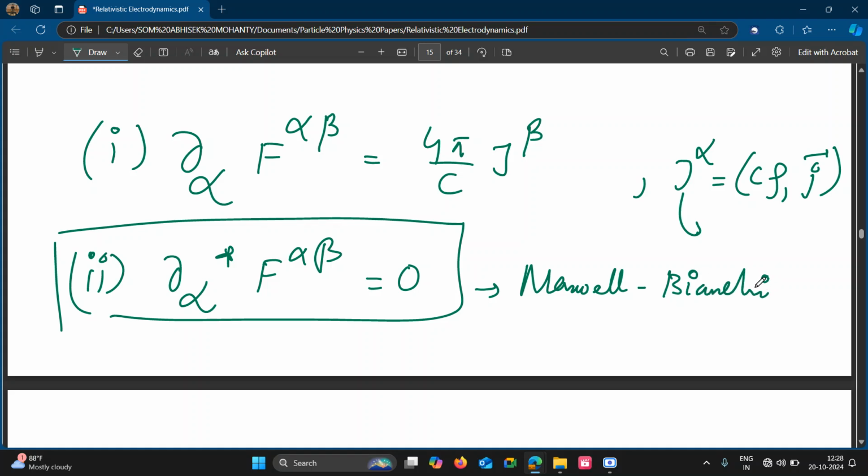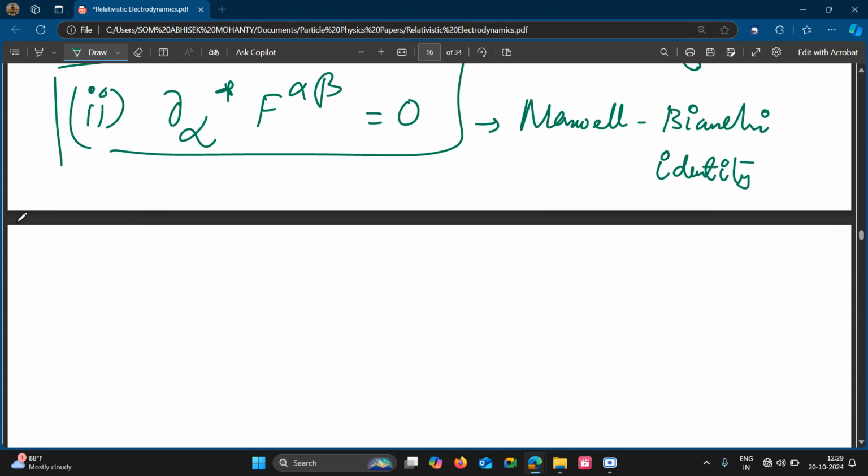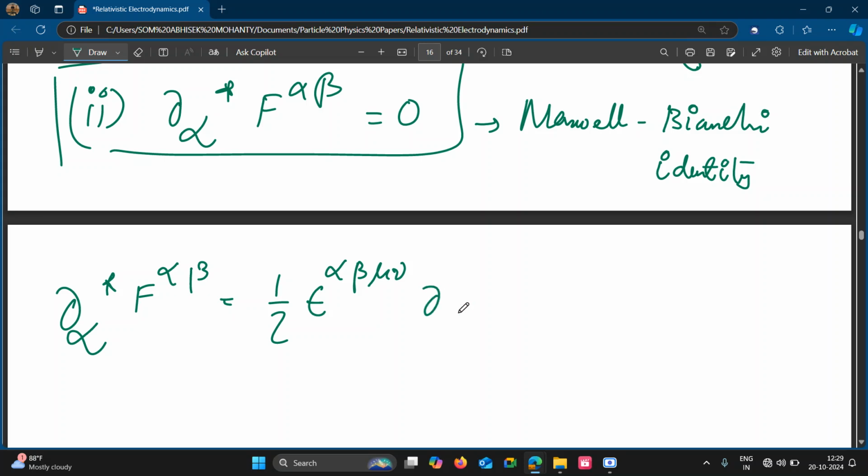I don't know the perfect pronunciation, Bianchi or whatever identity. It can also be expressed as a cyclic identity. Suppose I write del alpha star F alpha beta is equal to half Levi-Civita epsilon alpha beta mu nu del alpha F mu nu is equal to 0.